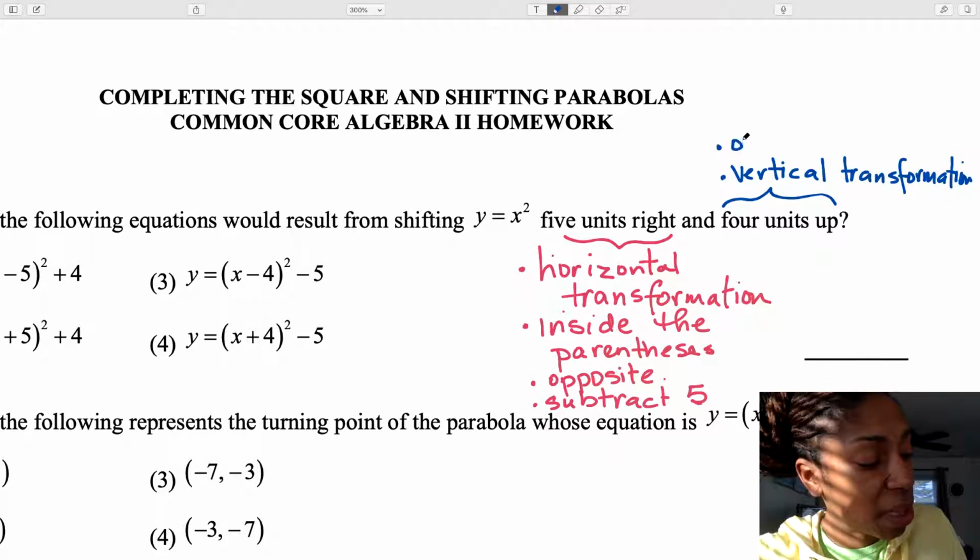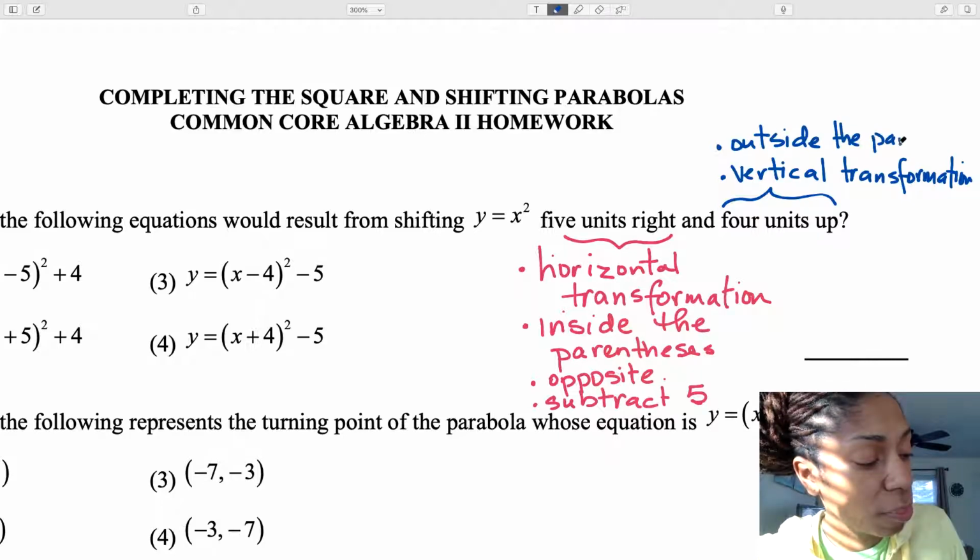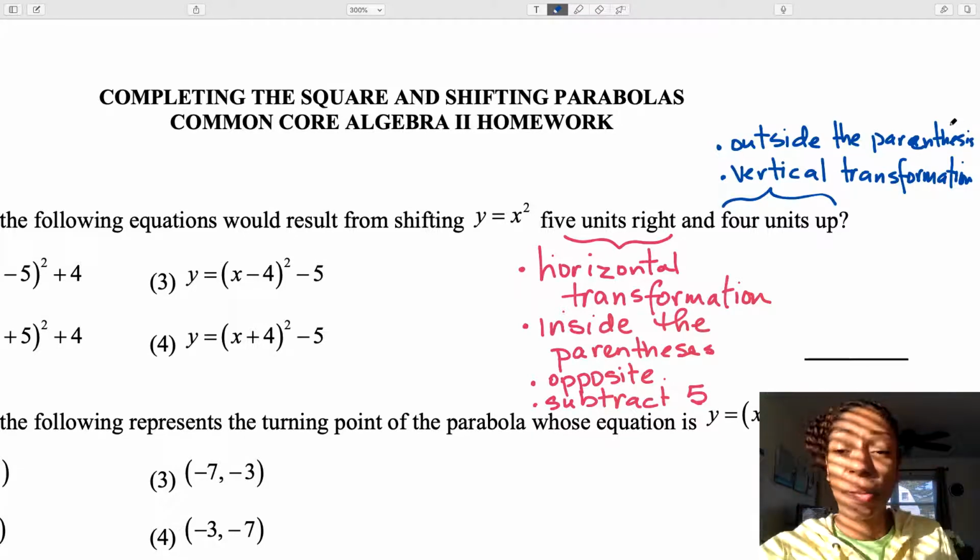It's outside the parentheses. And it's not the opposite. If you want to go up, you add. If you want to go down, you subtract.